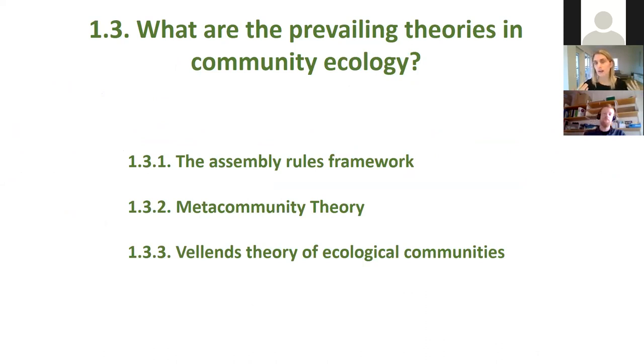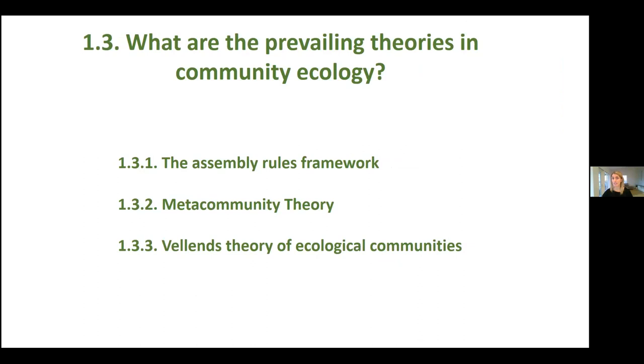While it's true that there are plenty of conceptual frameworks in community ecology, there are three frameworks or three general theories that are nowadays the most renowned ones, in the sense that when we look at studies in empirical community ecology, they are the ones that we use the most to frame our study system into theory.